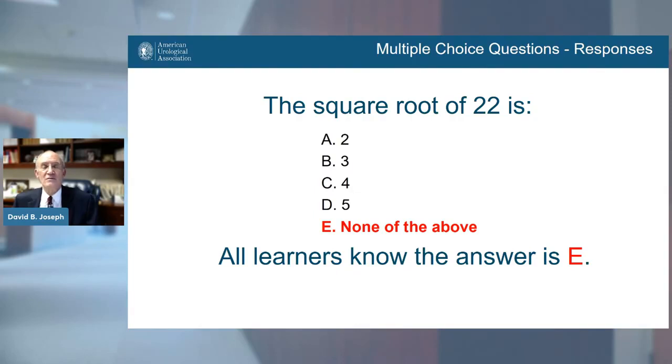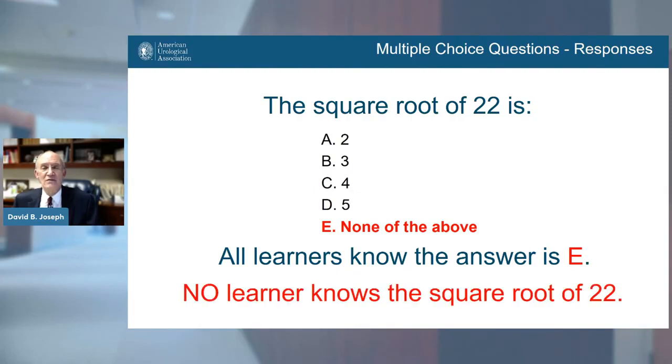And I also would bet that none of you know what the square root of 22 is. And this is an example of asking a question but not getting the answer. So you can answer this question correctly, and you still don't know what the square root of 22 is. And that should be avoided. And that's where none of the above becomes a problem, because you're not asking them to really tell you what the answer is.